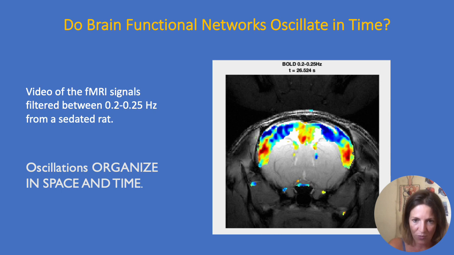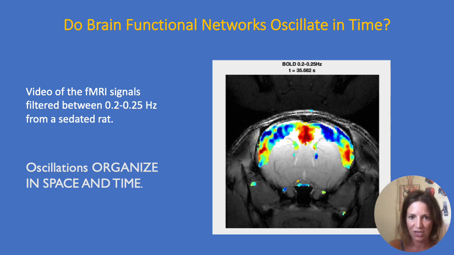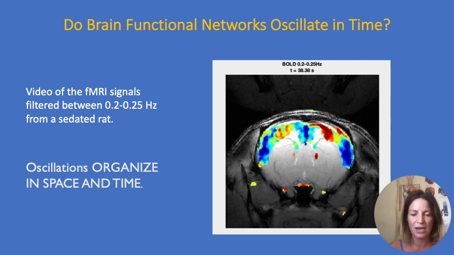And then it's again red, and then it's again blue, so there's a sustained periodicity, and we find that these oscillations can be correlated across distant areas of the brain. Here, the contralateral areas exhibit high correlations, also with the middle part of the brain.